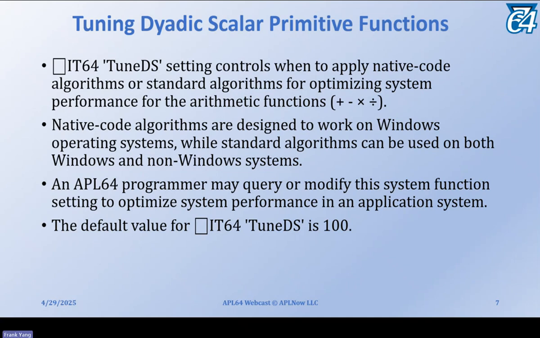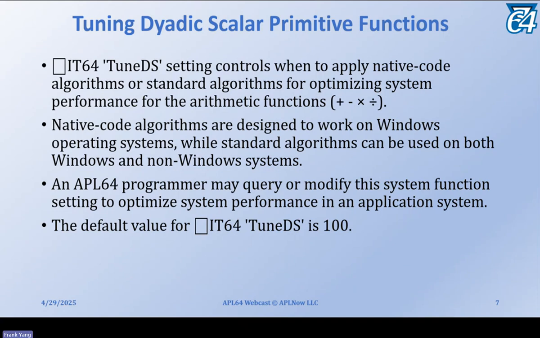Our developer team considers implementing a native code algorithm when proven to be faster than a standard algorithm. An APL64 developer may query or modify the system function setting to optimize system performance in an application system.